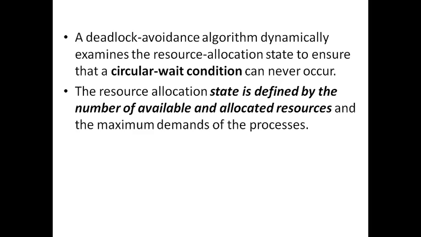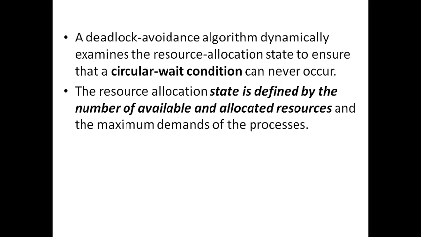And what we mean by resource allocation state is the proportion of the number of available resources and the number of allocated resources. The operating system has a certain number of resources, and when processes need resources, it makes the allocations. So at any point of time, it has the total number of resources, how many are currently allotted, and how many are currently available.